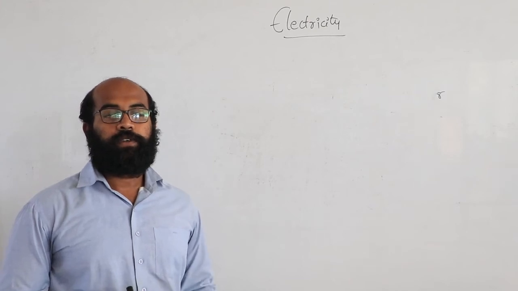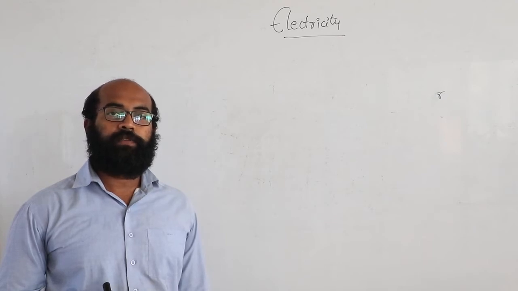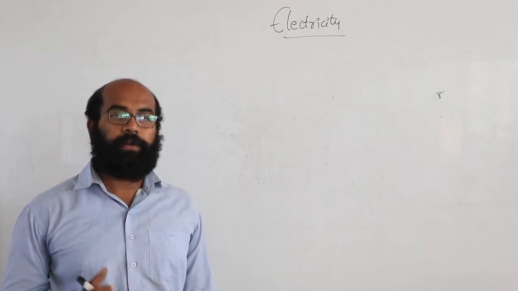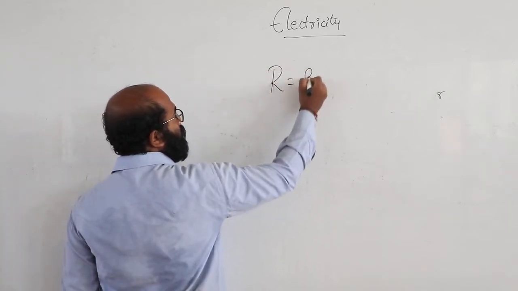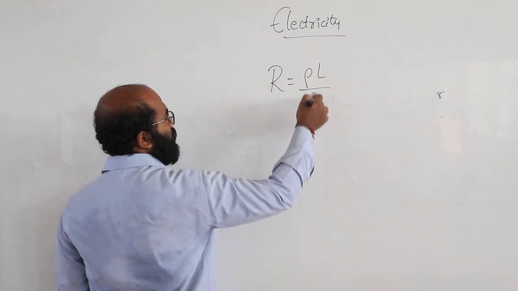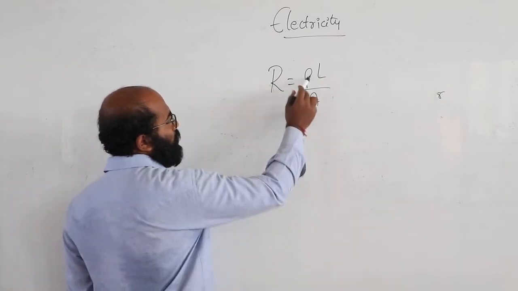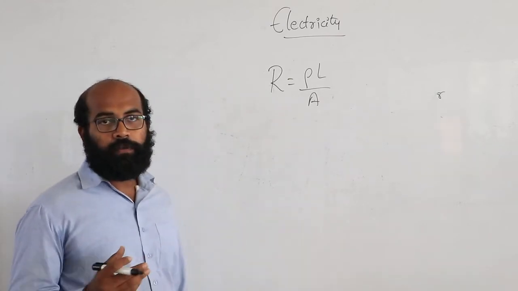Hello students. So in the previous class we were discussing what are the other factors on which the resistance of a material depends. So we know that R is equal to rho L by A, where L is the length of the material, A is the area of cross section, and rho is the resistivity, that is, it depends on the nature of material.